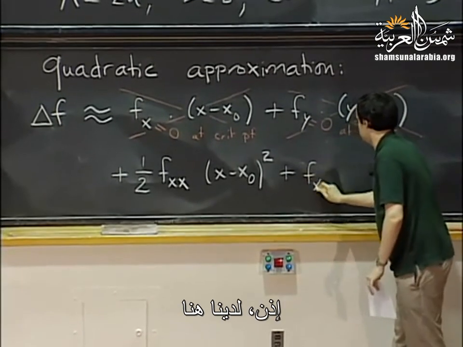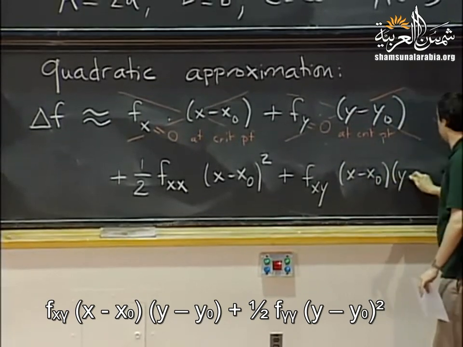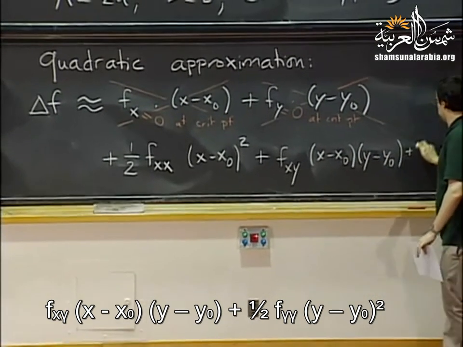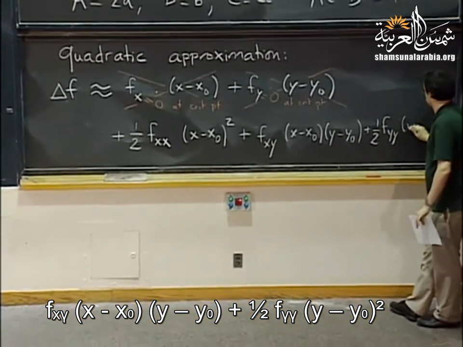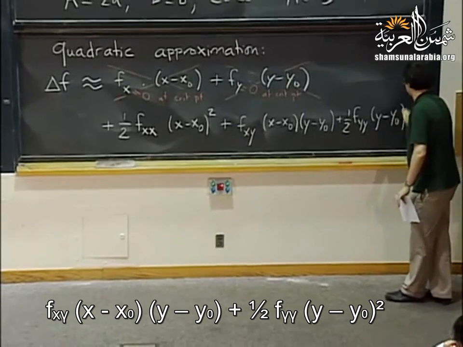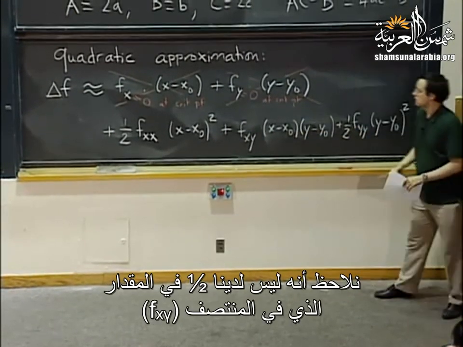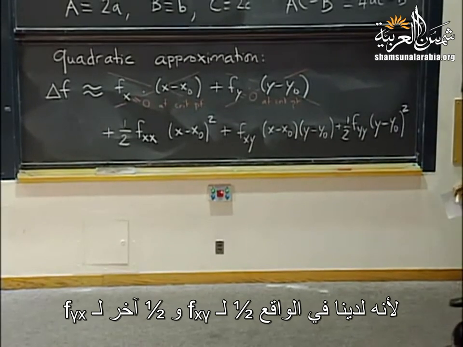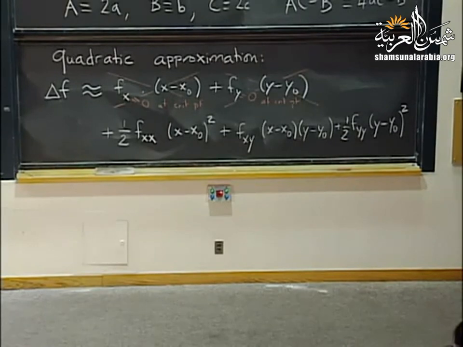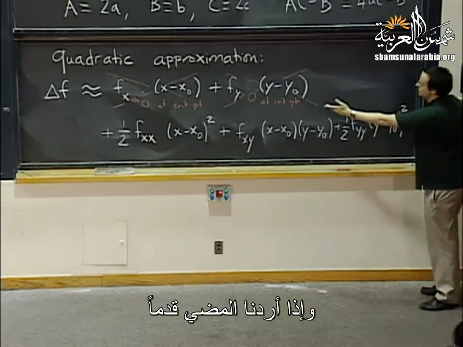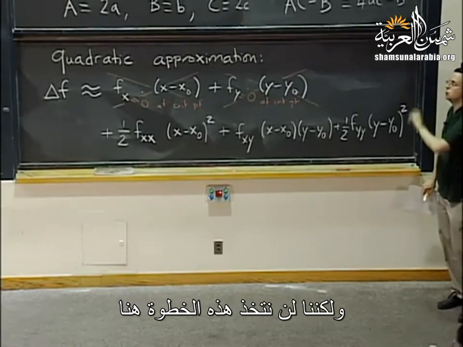These terms are f sub xy times change in x times change in y plus 1/2 of f sub yy times y minus y0 squared. There's no 1/2 in the middle because, in fact, you would have two terms, one for xy, one for yx, but they're the same. And then, if you want to continue, there's actually cubic terms involving the third derivatives and so on, but we are not actually looking at them.